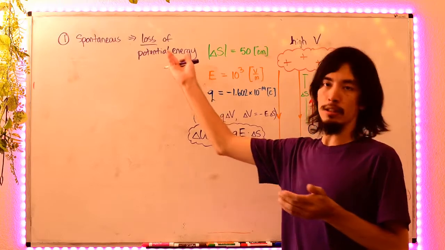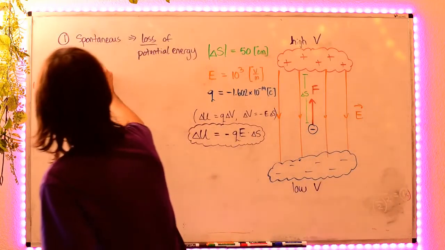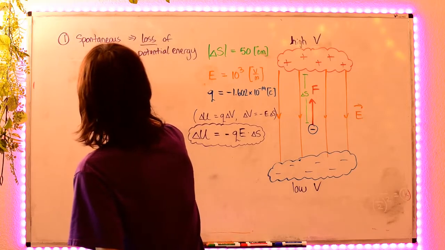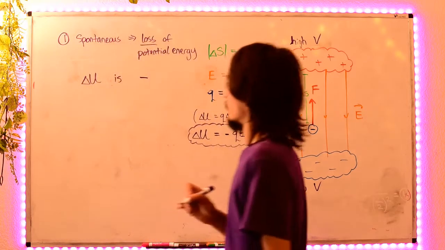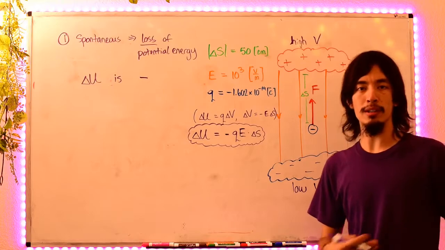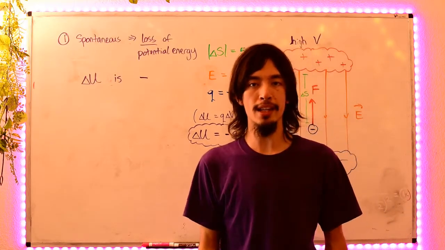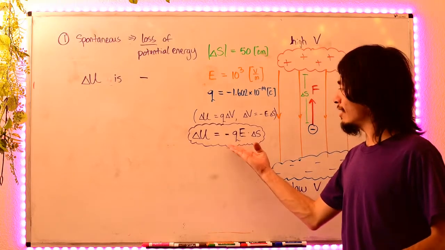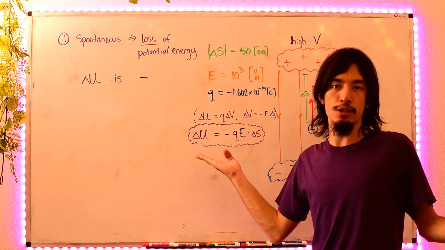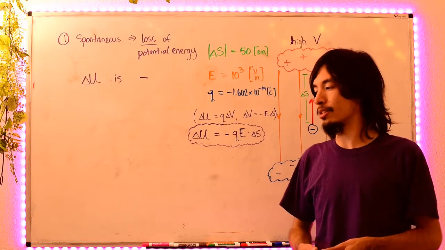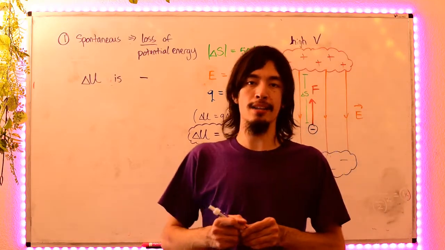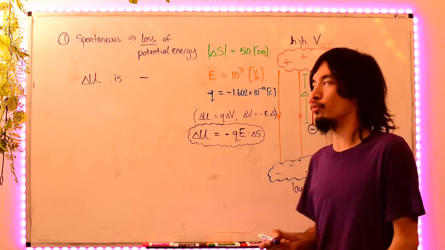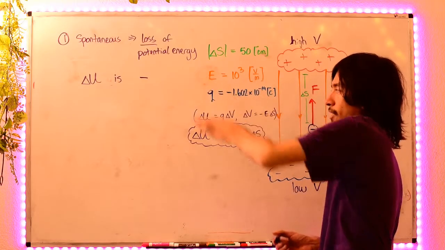So because it's a loss of potential energy, we know that the value of delta U, the change in potential energy, is negative. That's why we were able to eliminate two of the answers. Which actually means all we need to do is calculate the magnitude of this. We don't really need to concern about the exact direction, gain or loss anymore. We've already taken care of the signs essentially.